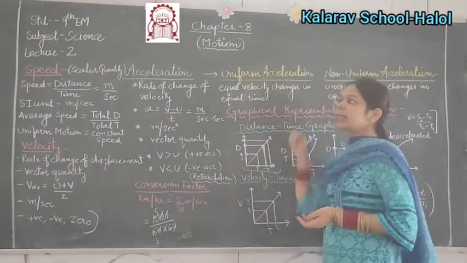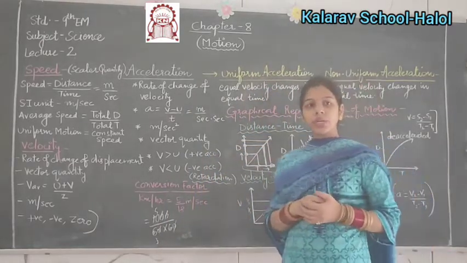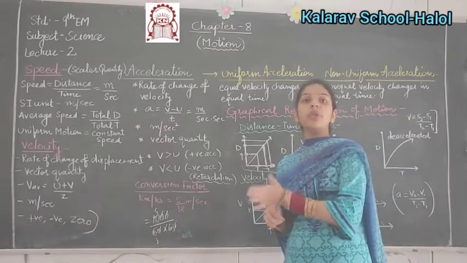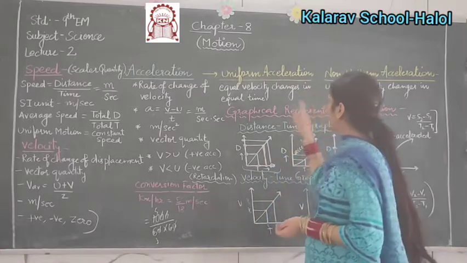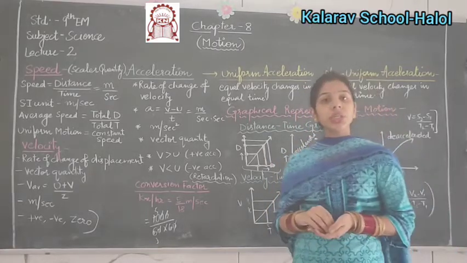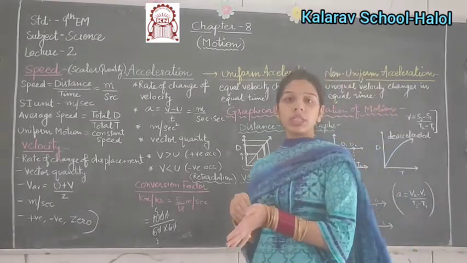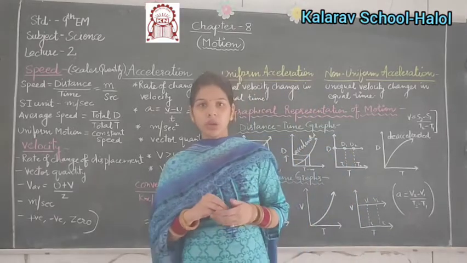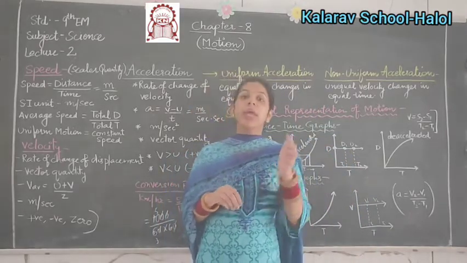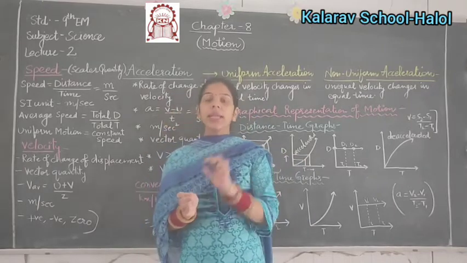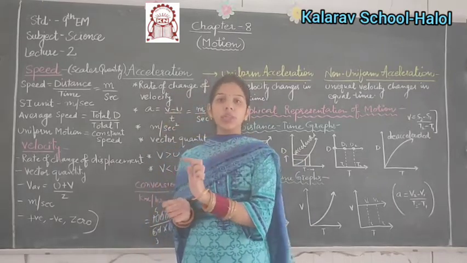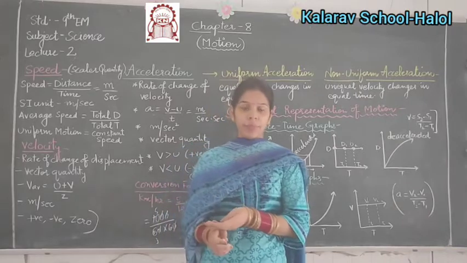Acceleration is again of two types: uniform acceleration and non-uniform acceleration. Uniform acceleration is when equal changes in velocity occur in equal intervals of time. But in non-uniform acceleration, unequal changes in velocity occur in equal intervals of time. For example, if a body is falling freely, it has equal change in velocity in equal intervals of time.